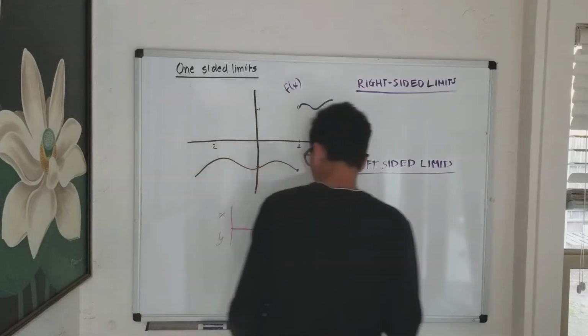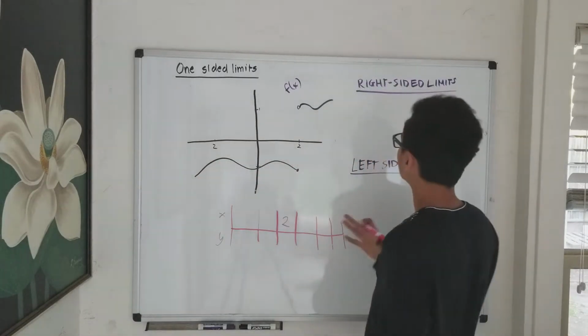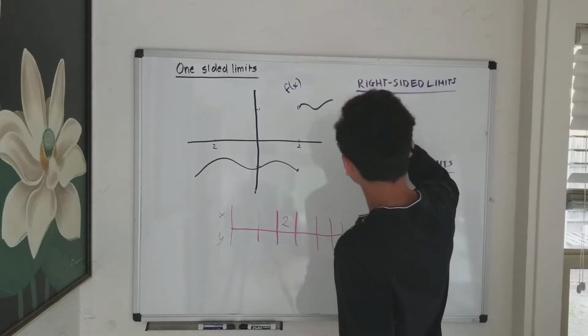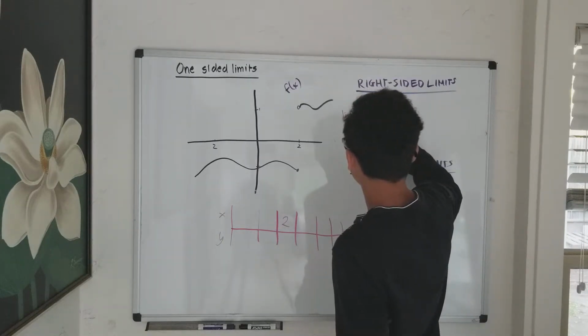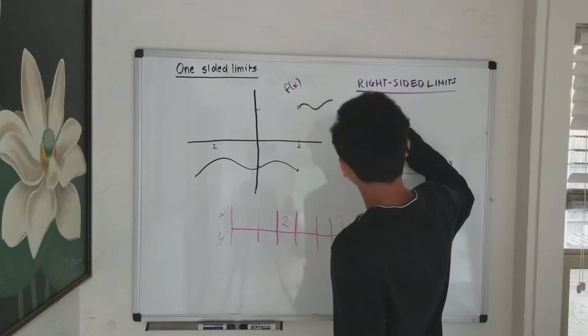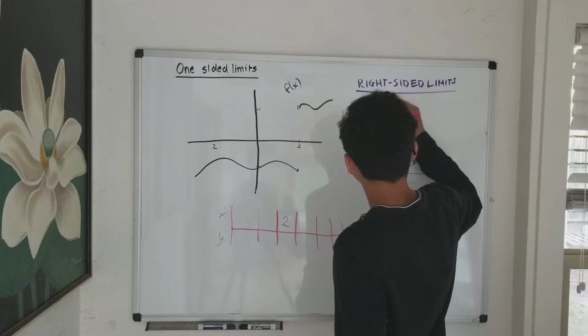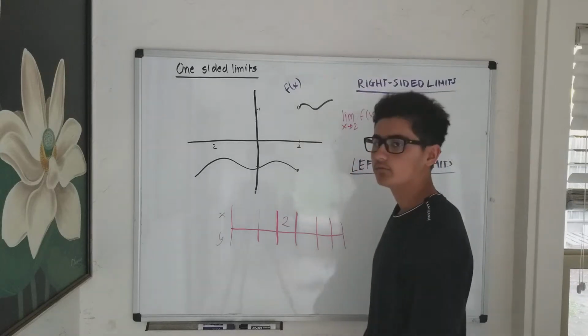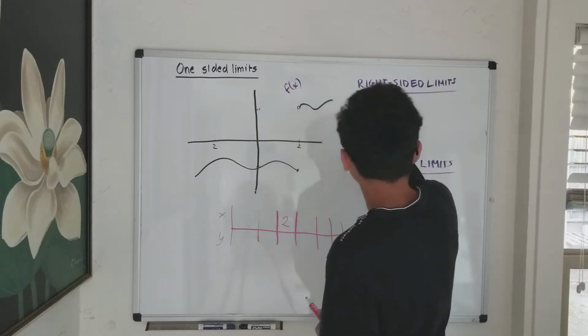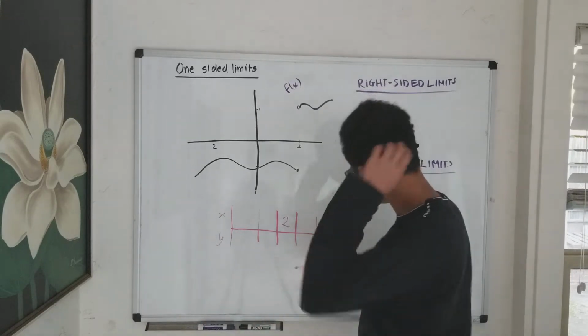We're going to have our right side available because we're going to talk about right-sided limits first. So, how do you write right-sided limits? We know that you write limits like lim as x approaches 2 of f(x) is equal to whatever. But we're trying to find the limit from the right side.